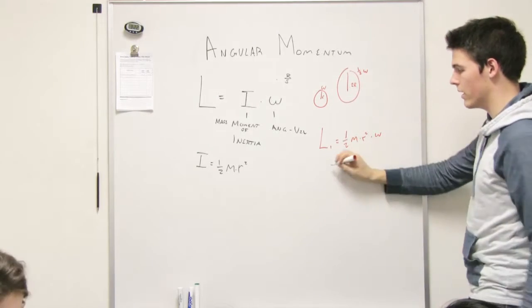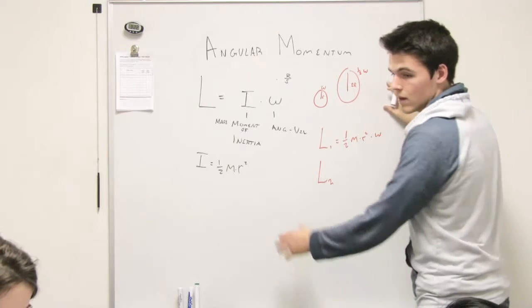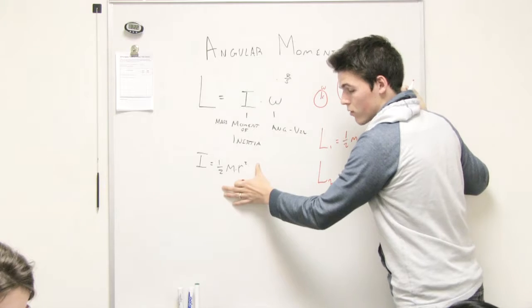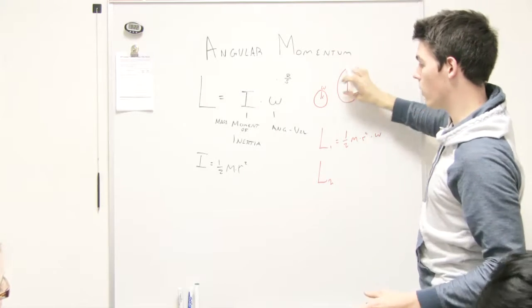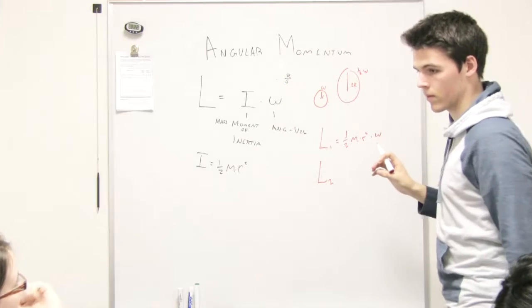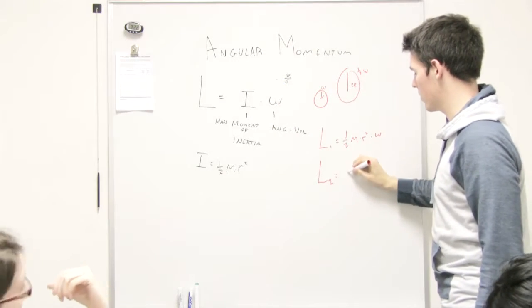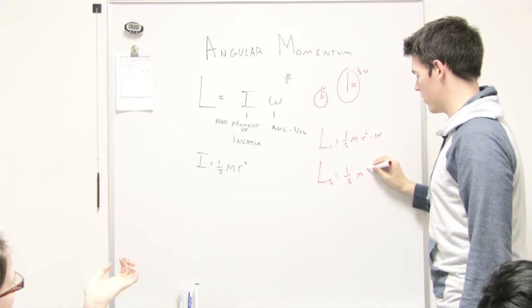Now L2, the angular momentum of the second disk. You put in the second moment of inertia, taking the 2R and the 1/2 omega and putting them there.